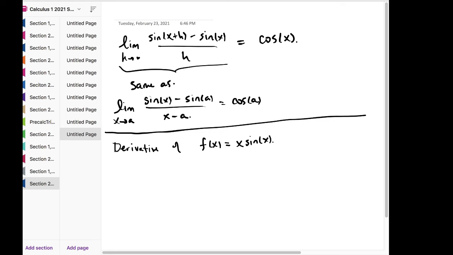I see that this is something I can easily take the derivative of, and this is something I can easily take the derivative of. So surely there should be some rule that allows us to find the derivative of this. So that's going to be our goal, to find a rule for this. So let's do it.